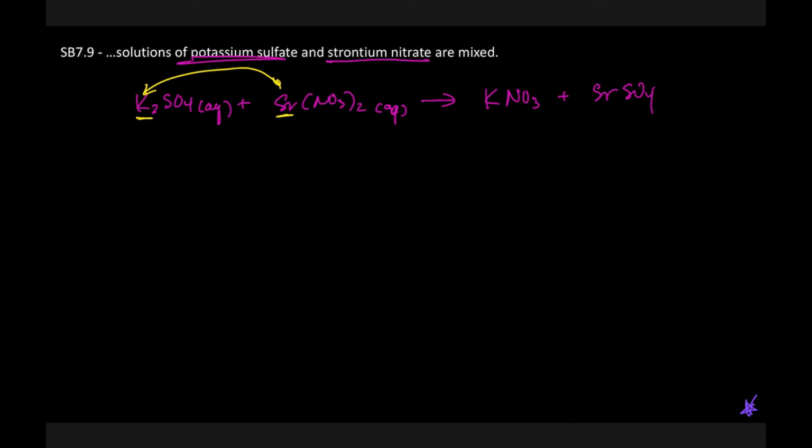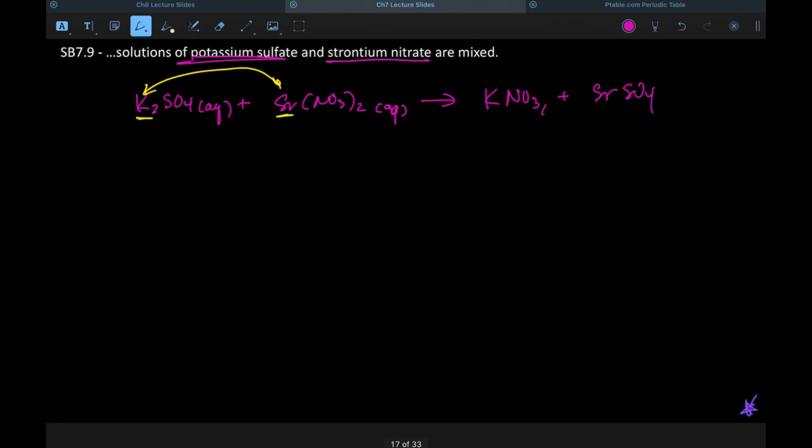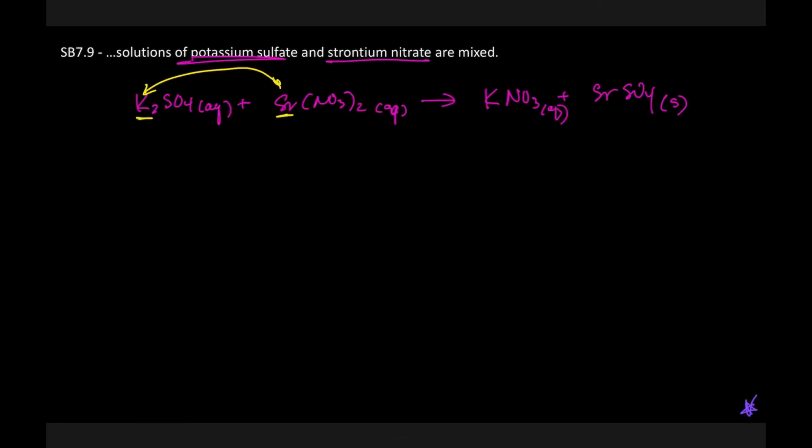Now we'd apply our solubility rules. Potassium is group 1, always soluble, this is aqueous. Strontium sulfate: sulfate is always soluble except for calcium, barium, strontium, so this is a solid. So now we would have to go back and balance, and we would see that that's as simple as putting a 2 right here.